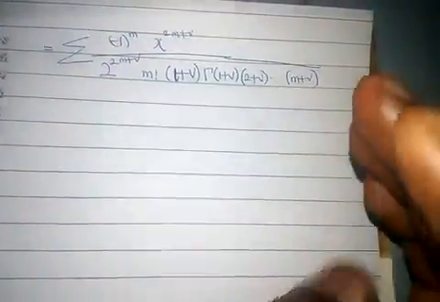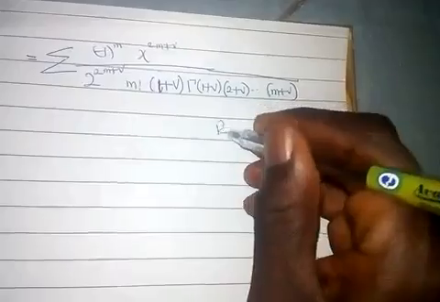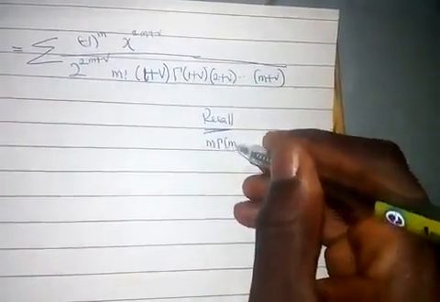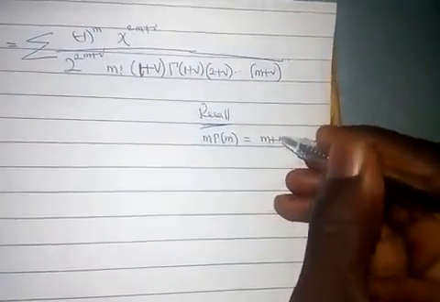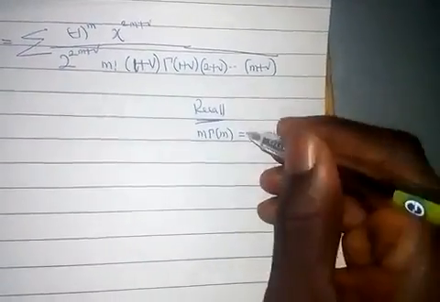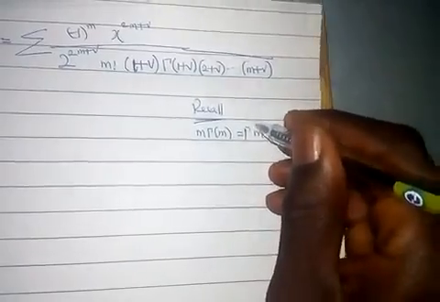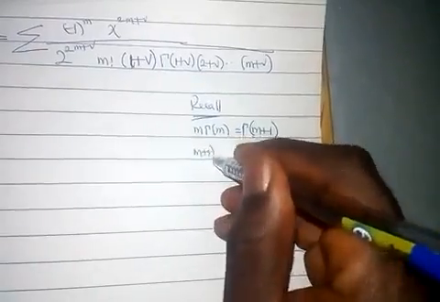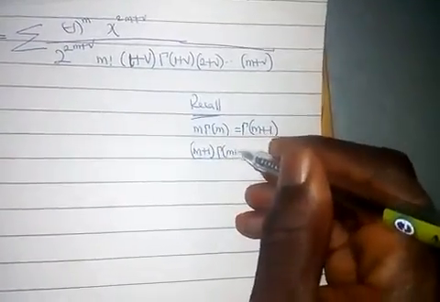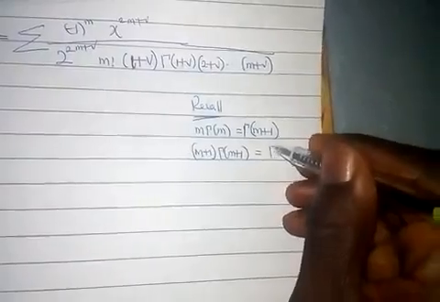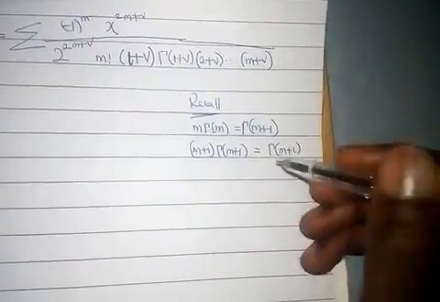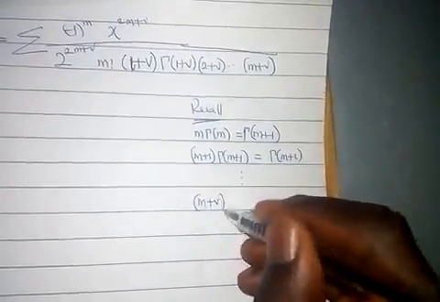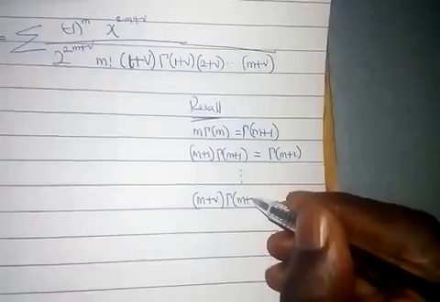So this one, just recall something. m gamma m equals gamma m plus 1. m plus 1 gamma m plus 1 equals gamma m plus 2. So just like that, m plus v gamma m plus v.